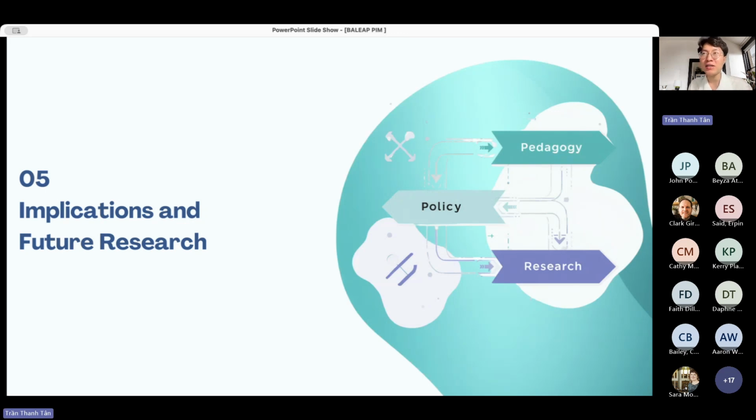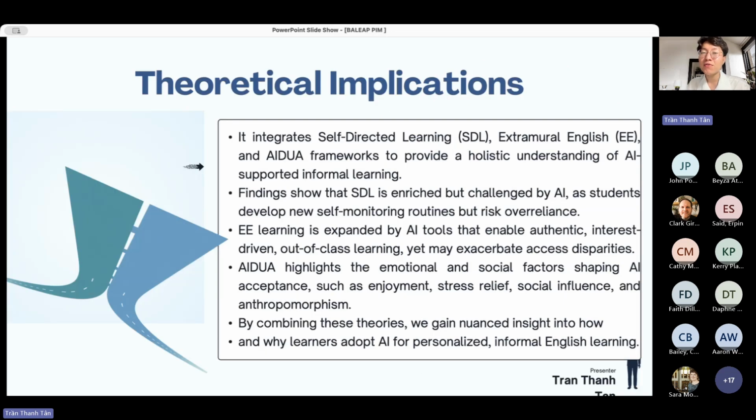So what are the implications and future research suggestions from me? As for theoretical implications, this paper can integrate three theories and provide a holistic understanding of AI support for informal learning. The findings show that SDL is enriched but challenged by AI, as students develop new self-monitoring routines but risk over-reliance.